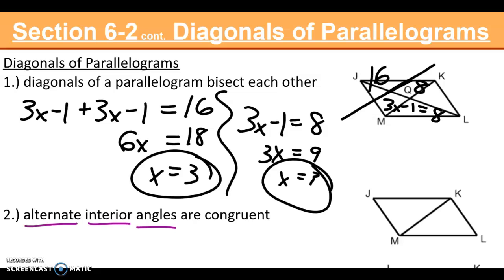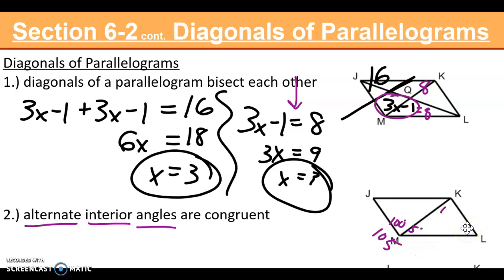So, next rule: alternate interior angles are congruent, and this is just a byproduct of doing these problems. We know that if we separated it into 75 and 105, we know the rules from yesterday, alternate interior angles are congruent. Now, what if that was 105 degrees? This left side, JMK, is 100, but KML is not.